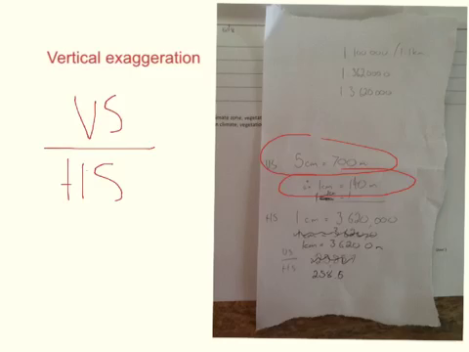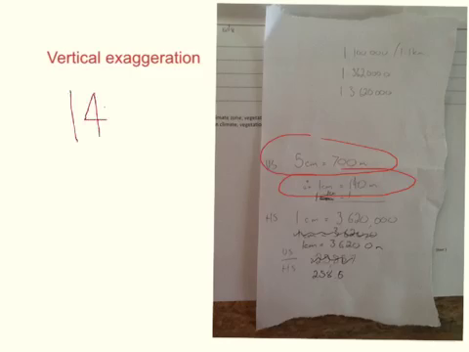So in the example that I've got, I'll rub it out again so I'll do the working for us. I have 1 centimetre on the vertical scale equaling 140 metres. And on the horizontal scale, I've got 1 centimetre equaling 3,620,000 centimetres. That's where I've made my first mistake.